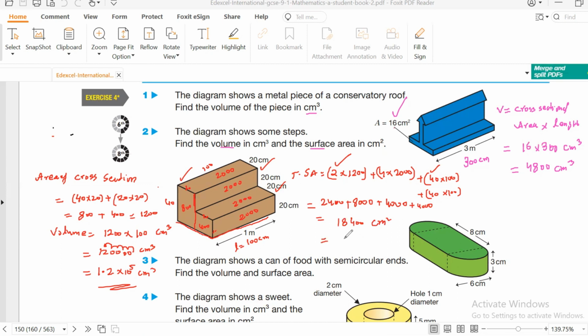Or one more step, you can write in standard form 1.84. And look, 1, 2, 3, 4 places I shifted left, so it means 10 power 4 centimeter square. I hope it is clear.